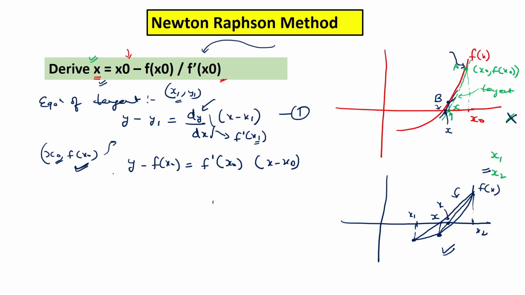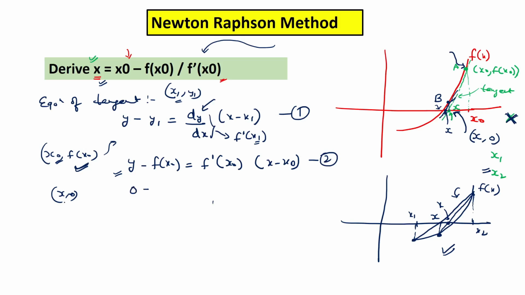Now this tangent was cutting the x-axis at which point? At this point, the x point. So the coordinate was x comma 0, because here y is 0.